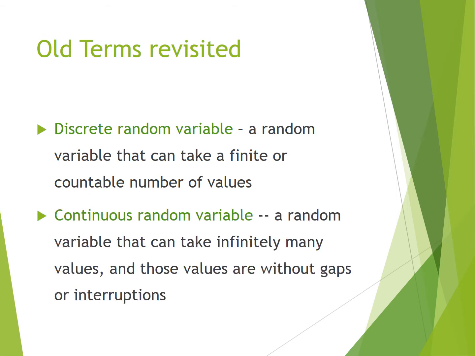And we also have continuous random variables. If you recall from chapter 1, continuous data was data that could take on any value on the number line, and those were values that we measured. The continuous random variable follows the same path in that it can take on infinitely many values within the number line, and we can think of them as values that we measure.